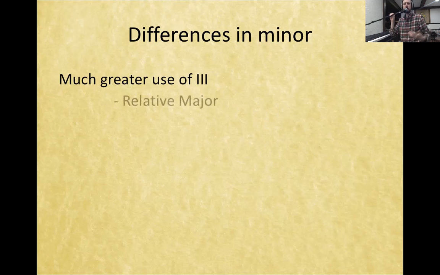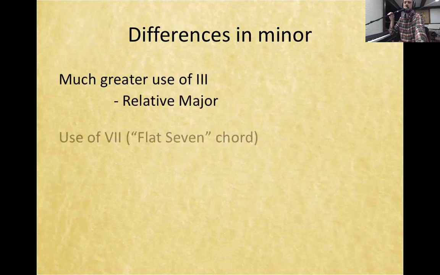So the 3 chord comes in, it's the relative major, and along with that, we also are going to see that we're not only using the leading tone 7 chord, right? The 7 diminished chord built on the leading tone. If I'm in D minor, the leading tone is C sharp, right?